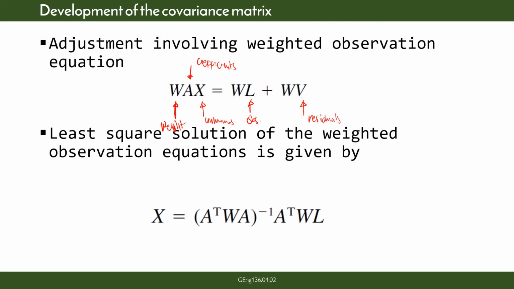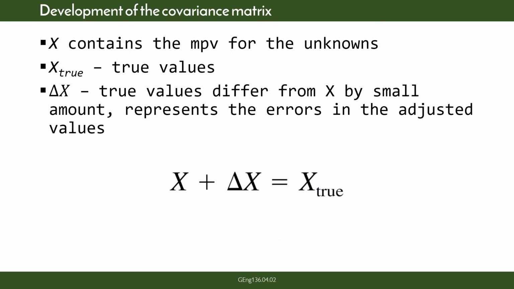The least squares solution of the weighted observation equations is given by this equation. For unweighted least squares, you just remove the weight matrix. Remember that X contains the most probable value for the unknowns.